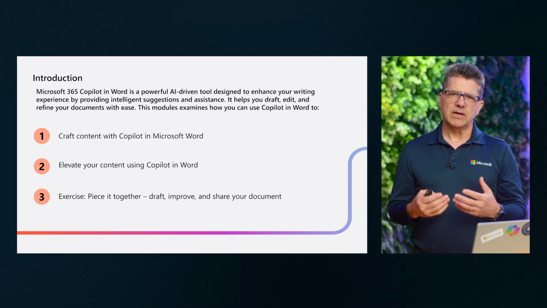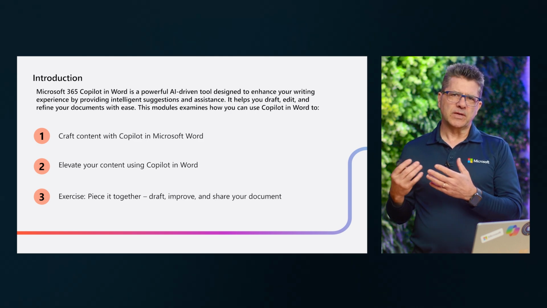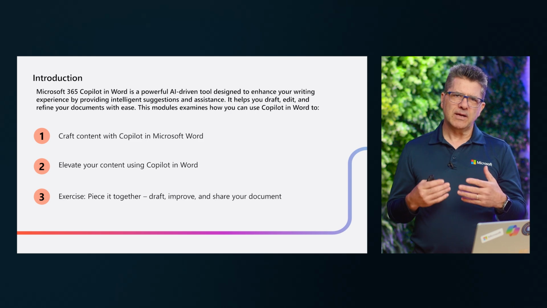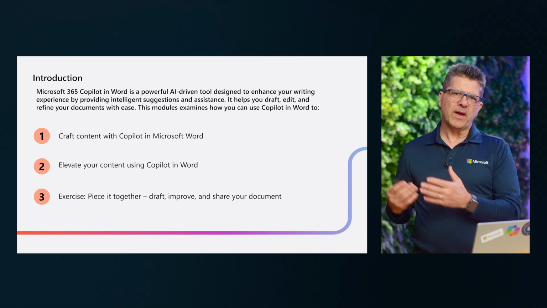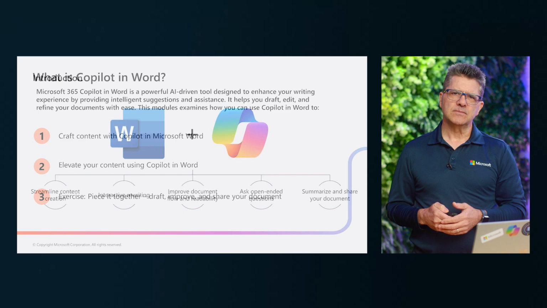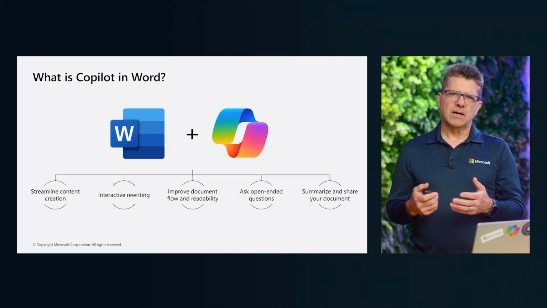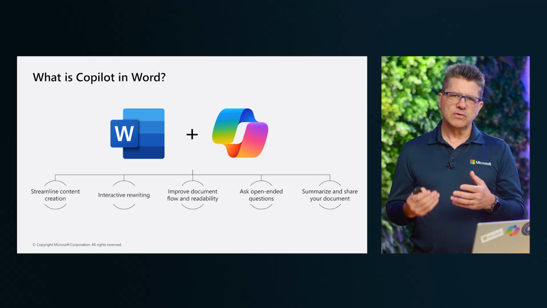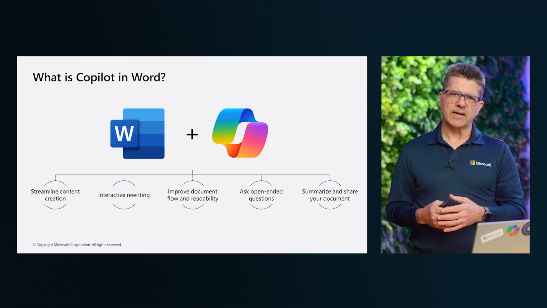We can now really create some drafts, create some editing, create some final documents that are really classy and prepared for our deliveries. So with that, how do I use Copilot in Word? Well, we are going to begin to use this for streamlining our writing.